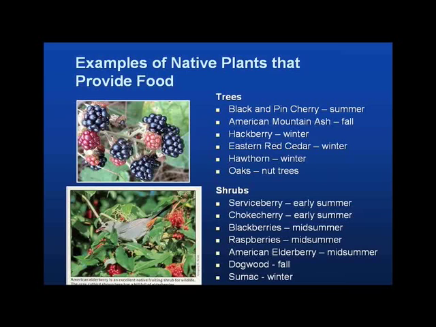The mountain ash holds on to its berries until the fall and even into the winter, so that's providing a much needed food source. Oaks, again, nut trees. And then the shrubs. I put a list of shrubs together there that bear fruit anywhere from early summer into the fall, and into the winter for sumac. While they may bear fruit in the fall, they're still hanging on to their fruit in the winter. And again, a very important food source for wildlife.